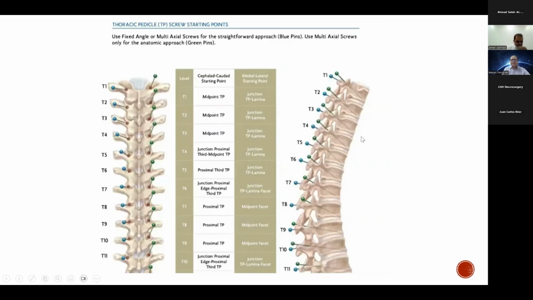So the easy way to remember is that the middle part is in the upper third of the transverse process, whereas the upper spine and the lower spine are in the middle of the transverse process for entering the pedicle.